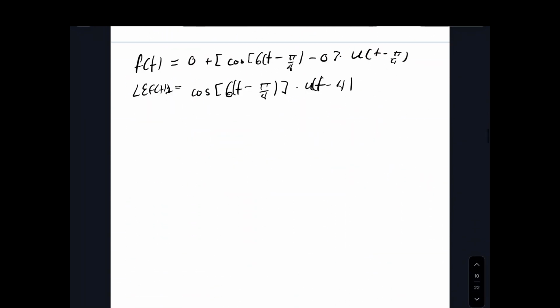You know that your transform's negative pi over 4, and so you'll end up getting something along the lines of e to the negative pi s over 4, and then because we have cos, we're going to have to multiply by s over s squared plus 36, because of the 6.